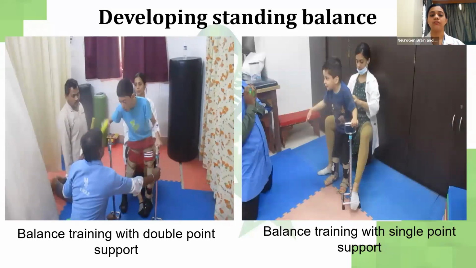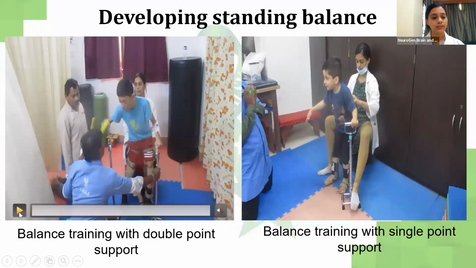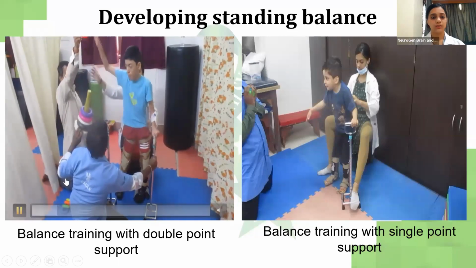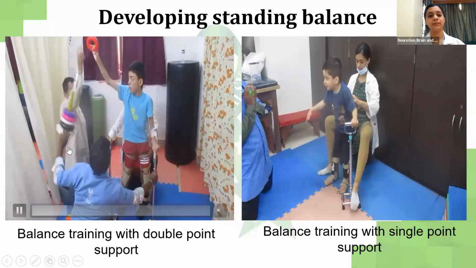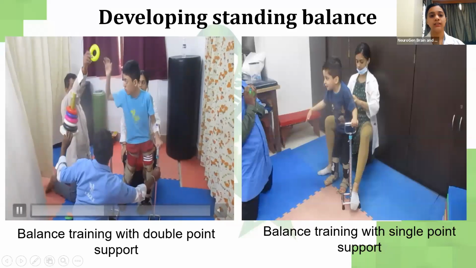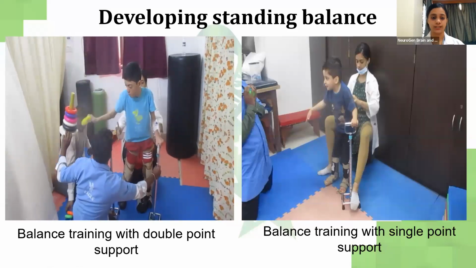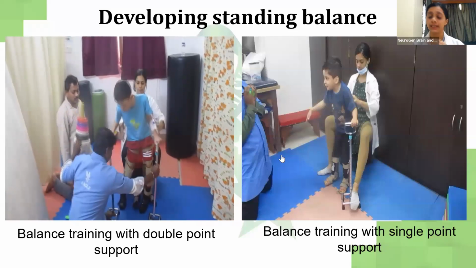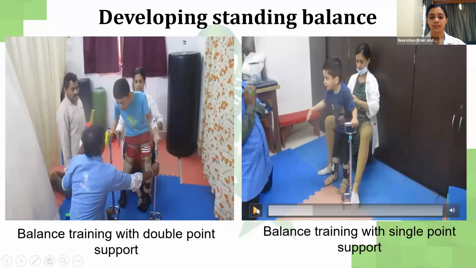So it was very difficult for us to motivate him to do so. So we gave him certain rings and we asked him to at least stand and stack those rings and then you can sit down. So, like a therapist only will understand the maximum potential of a child, and it's very important for the therapist to push that child to the maximum level potential.